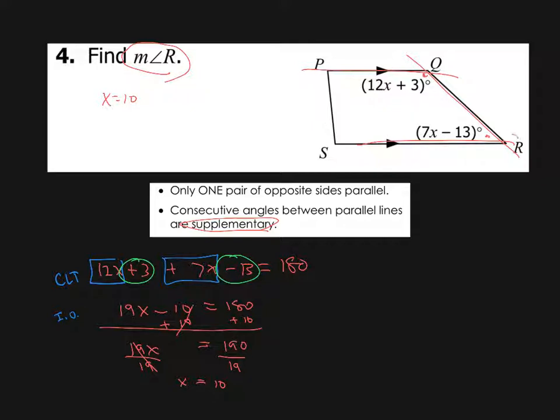I look over here, angle R is 7x minus 13, so 7 times 10 minus 13 is going to be 70 minus 13, which is 57 degrees is equal to the measure of angle R. And that's our final answer. X is 10 helped us get there, but the final answer is 57 degrees.